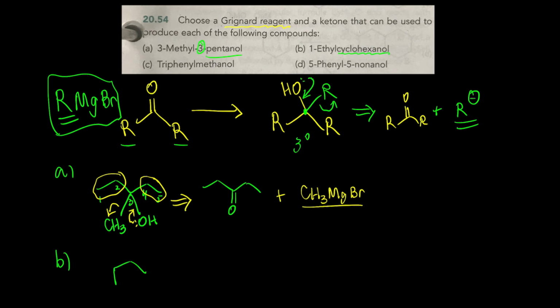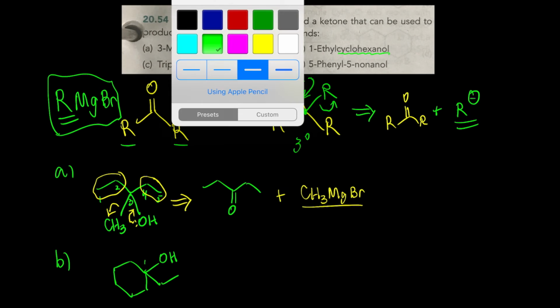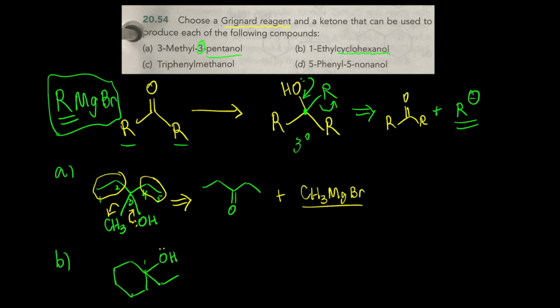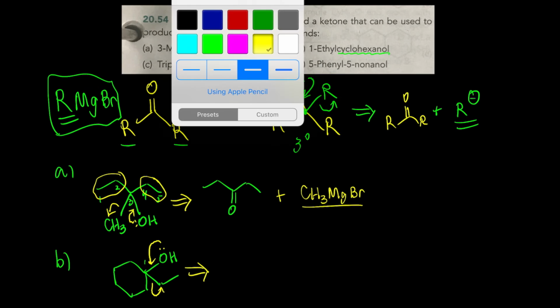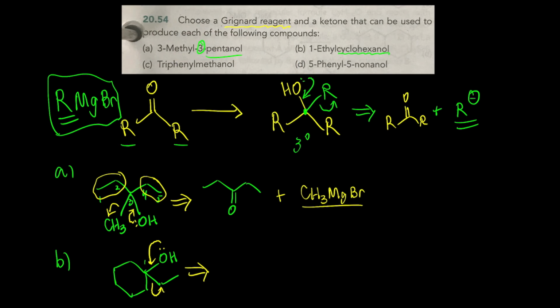In part B, step 1 is to draw out the molecule there. So let's start backwards. Let's draw cyclohexanol. Okay, there's cyclohexanol. Remember, when you have a cyclic alcohol, the alcohol is assumed to be at carbon 1, and then we have an ethyl group. So once again, we want to sketch out what these can come from. So you want to take these lone pairs and just sketch the mechanism backwards.